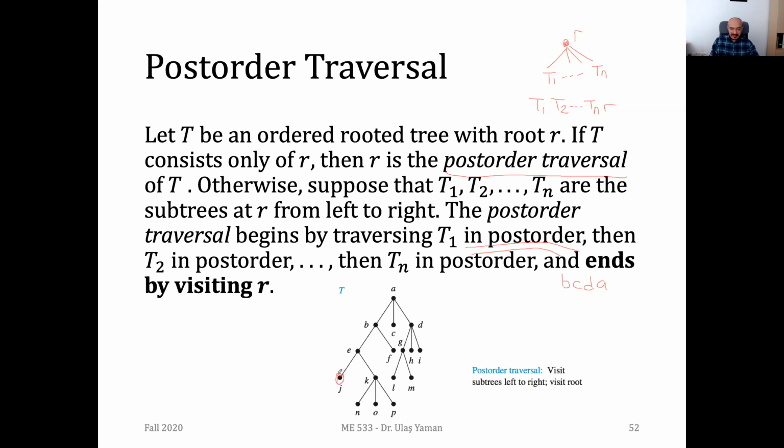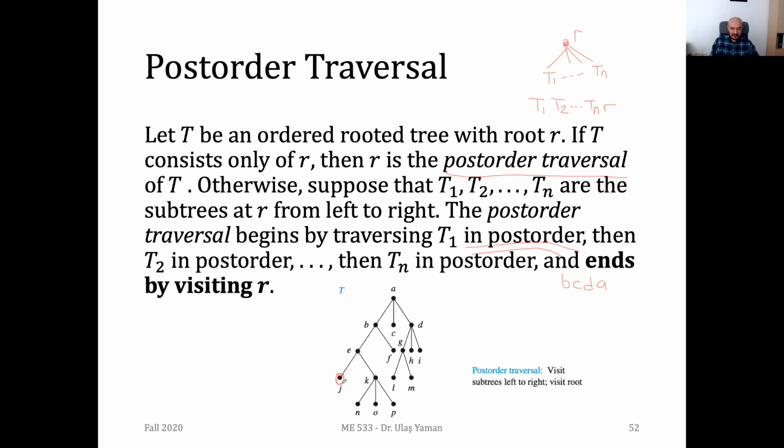What will be next? According to the rule, the next should be the sibling of T1. The sibling of T1 is T2, as you see here. It is K, but according to the rule, we should continue visiting in the post-order fashion. So we need to visit the siblings of K first, and then K itself.